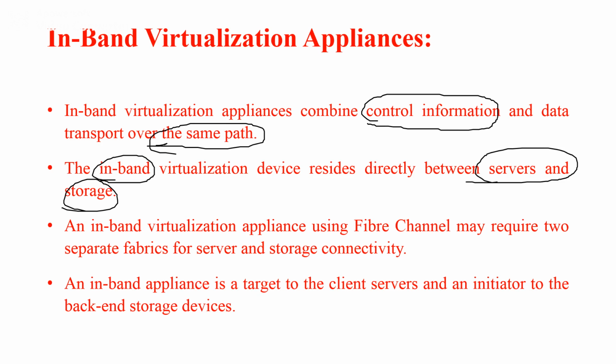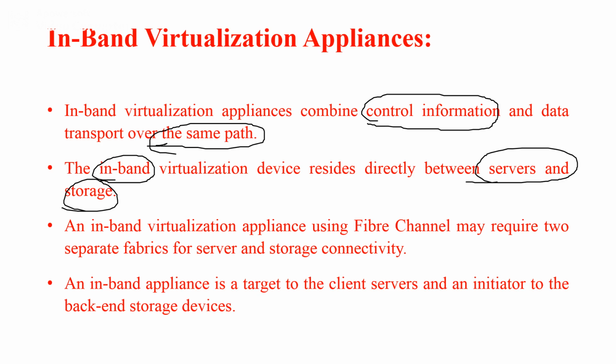An in-band virtualization appliance using Fibre Channel may require two separate fabrics for server and storage connectivity. Since the appliance resides between server and storage, two Fibre Channel fabrics are required for server and storage connectivity.